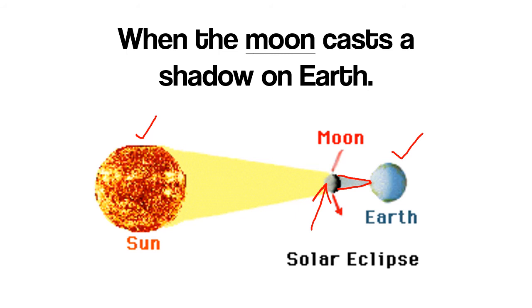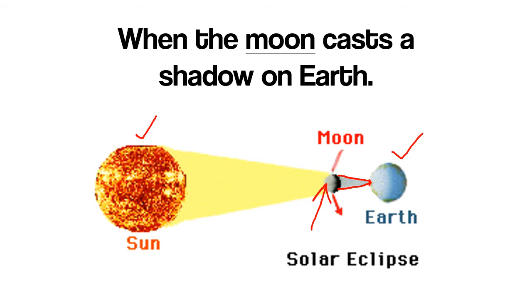And that's because solar eclipses, the shadow that it casts is a real tiny line, and the only people that can really see or experience that eclipse are the ones that happen to fall in that little shadow right there.